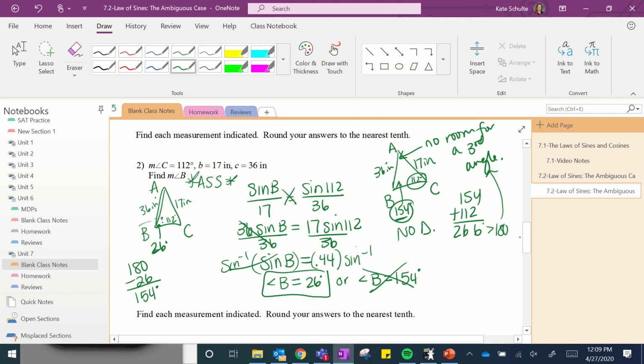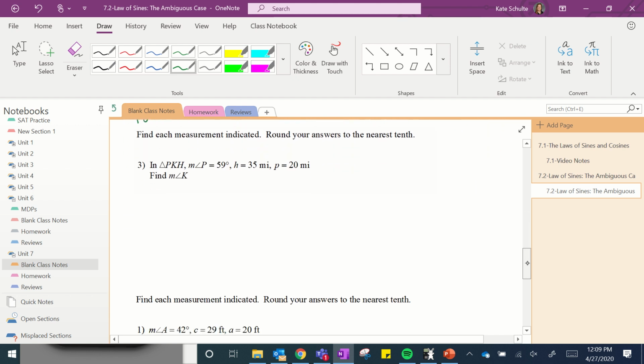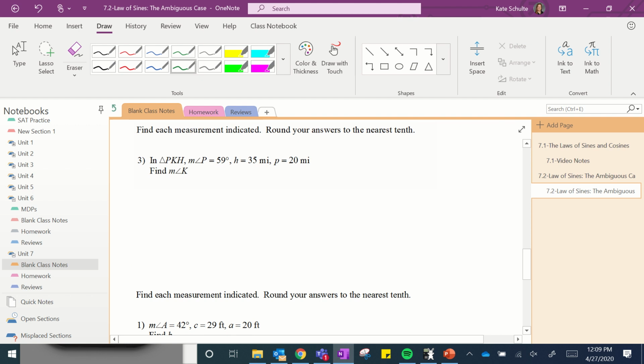All right, let's try one more of those special cases, and we'll get to a longer one, and then that's it. All right, so here we have triangle PKH. The measure of angle P is 59. Side H is 35. Side P is 20. We're looking for angle K. The problem here is that we're looking for angle K, but we're not given side K. And so I know I have the P, right?